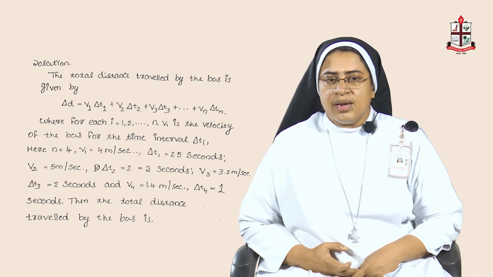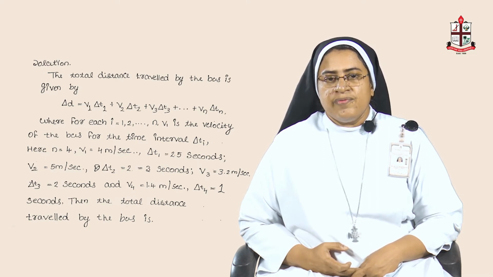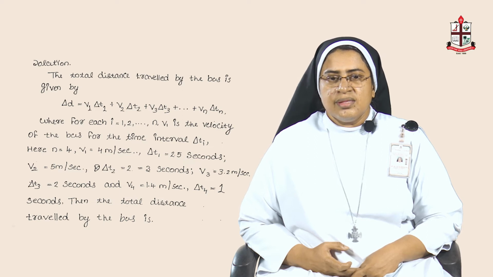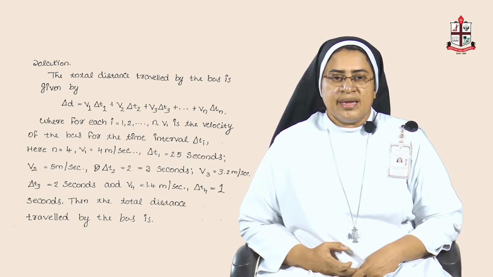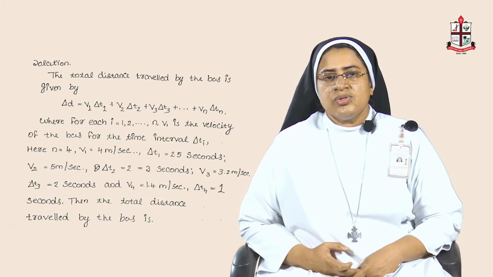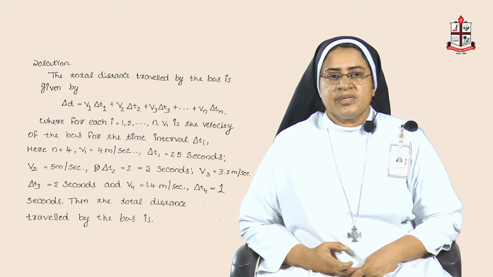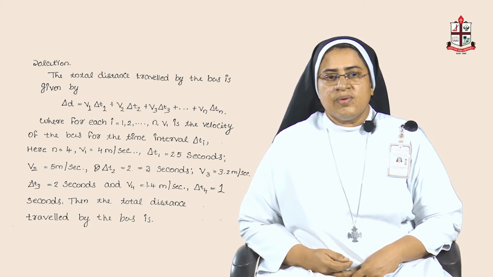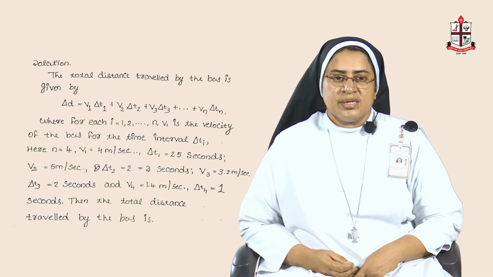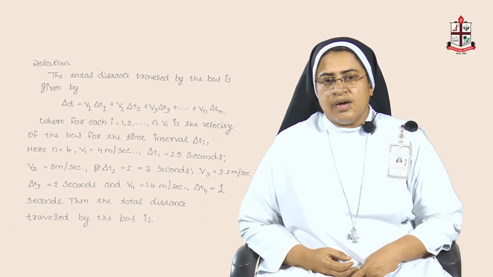There are 4 values: v1 is 4 meters per second, delta t1 the first time interval is 2.5 seconds, then v2 is 5 meters per second, the second time interval delta t2 is 3 seconds, and v3 is 3.2 meters per second, delta t3 equals 2 seconds, and v4 is 1.4 meters per second, delta t4 equals 1 second. Then what is the total distance travelled by the bus?